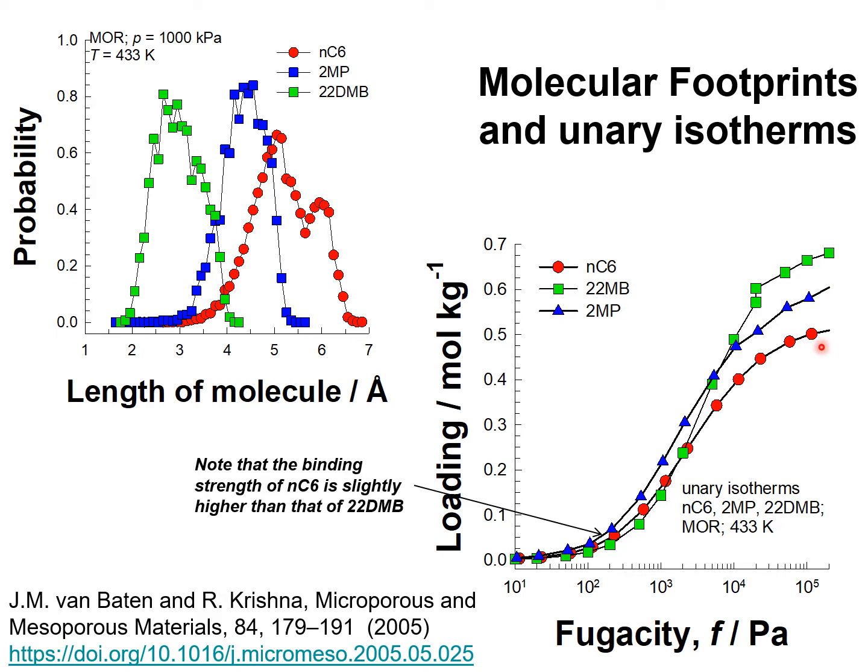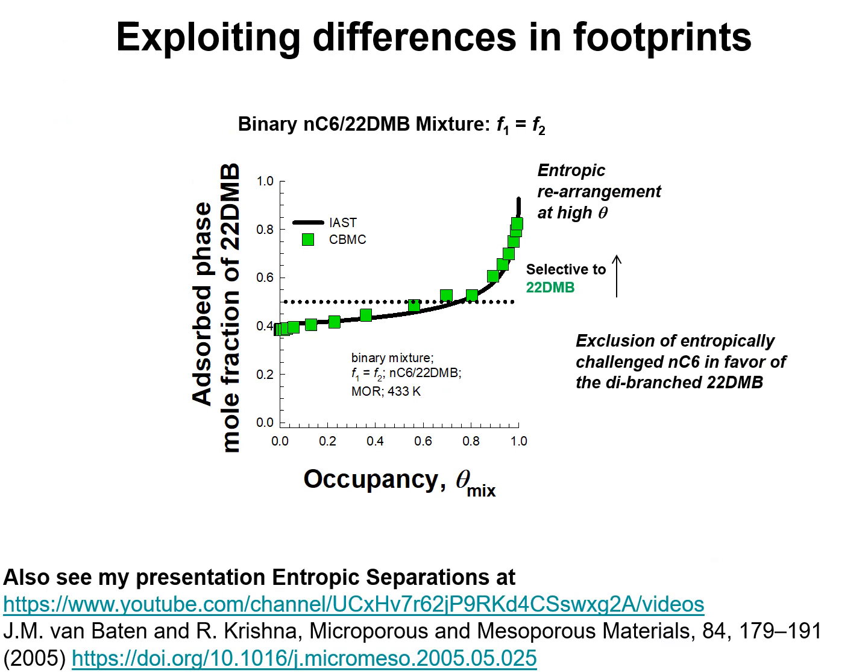The saturation loadings are the inverse of the footprints of the corresponding isomers. To demonstrate the exploitation of differences in molecular footprints to separate hexane isomers, we performed molecular simulations for mixtures of normal hexane and 2,2-dimethylbutane.